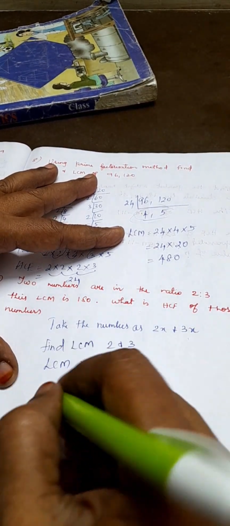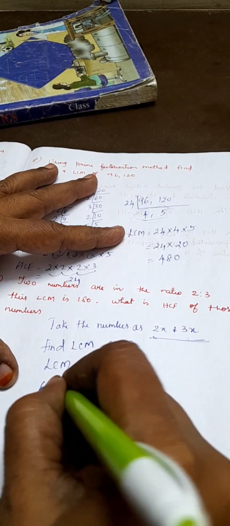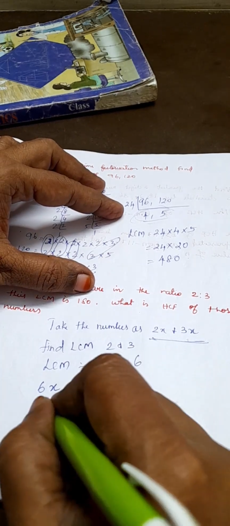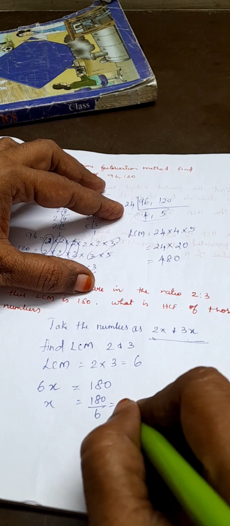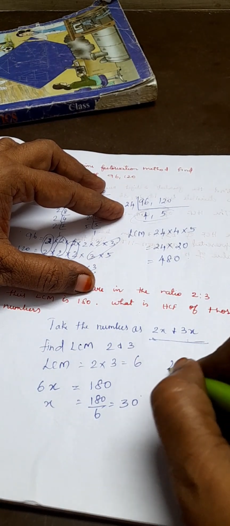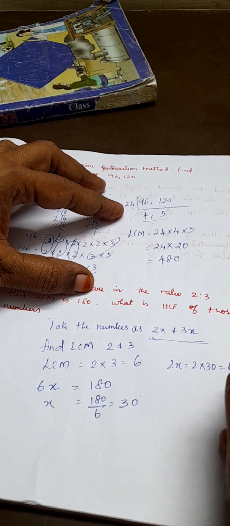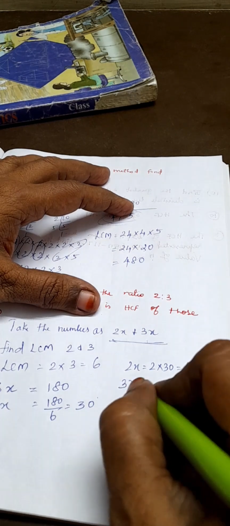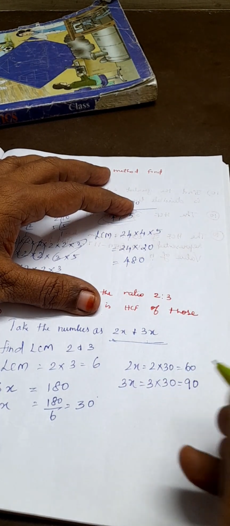So now I can write the LCM of this as 6x, right? 6x equal to 180, right? And x will be 180 by 6, that is equal to 30, right? Now we can find out the numbers. 2x means 2 into 30, that is equal to 60. 3x means 3 into 30, that is equal to 90, right?